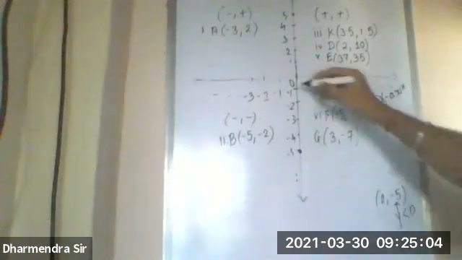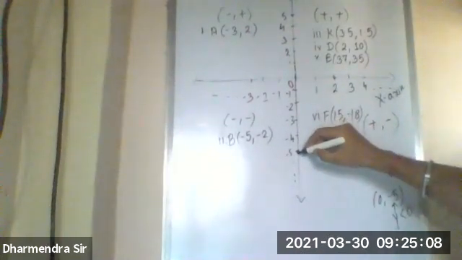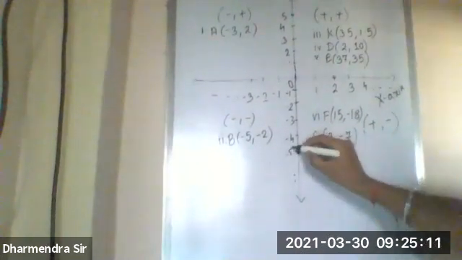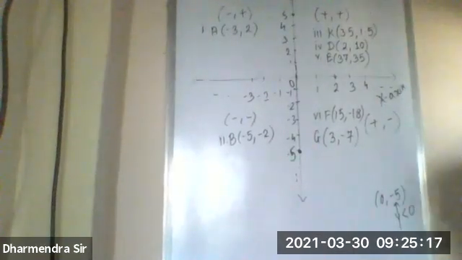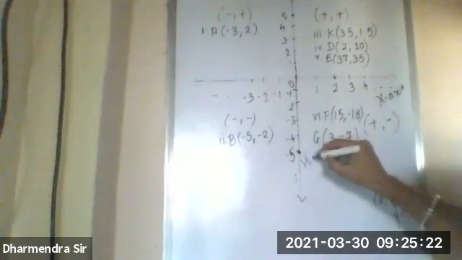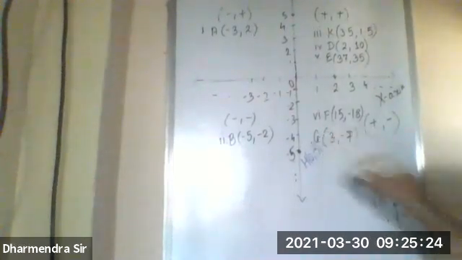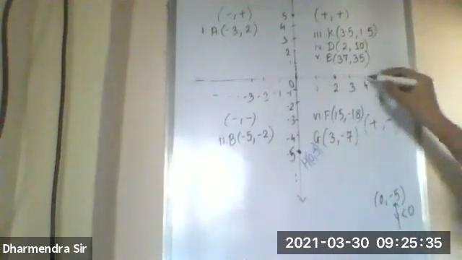Yes, good. This is minus 1, minus 2, minus 3, minus 4, and this is minus 5. If you can see the picture clearly, I will change the color so that I can highlight it. This is point H, that is 0, minus 5. Okay, lies on the y-axis. Next, 12, 0.